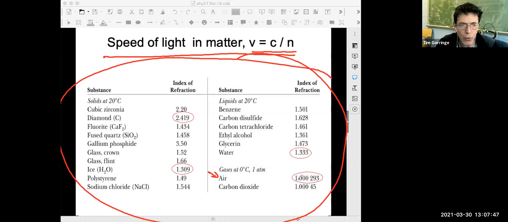It's 1.0003. So it's just fractionally greater than 1, which means that the speed of light in air is just fractionally smaller than 3 times 10 to the 8 meters per second. So light does travel slower in air, but only by parts in 1,000.